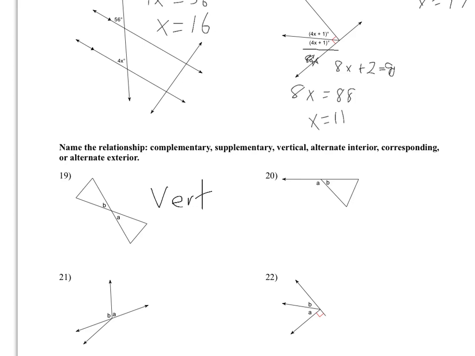You see this straight line right here. So that would have to be supplementary. Number 21 is a similar idea as number 20, so that is also supplementary. 22, again, anytime I see that right angle symbol, that automatically has to be complementary.